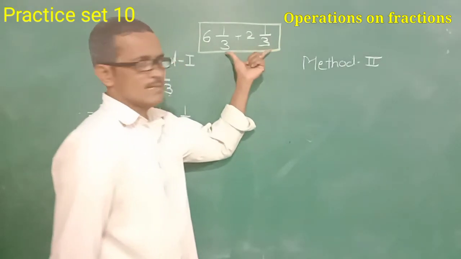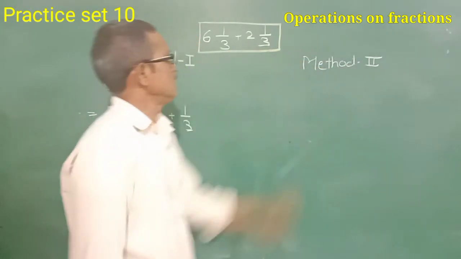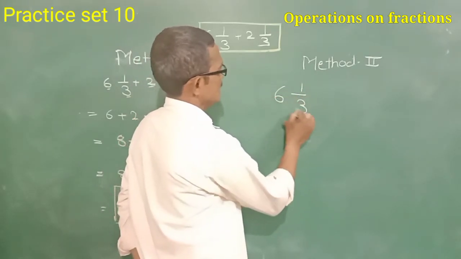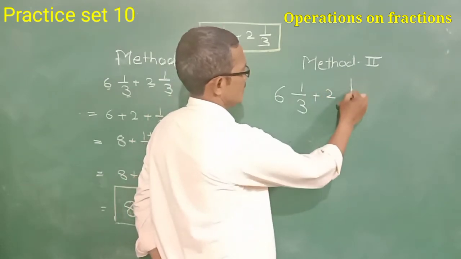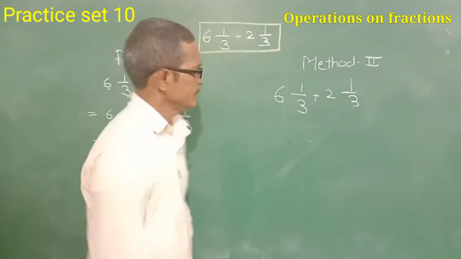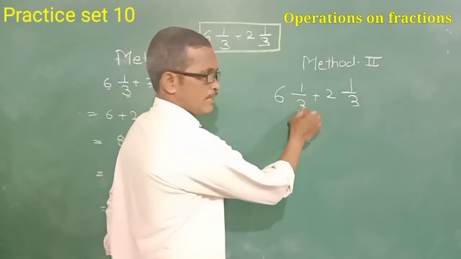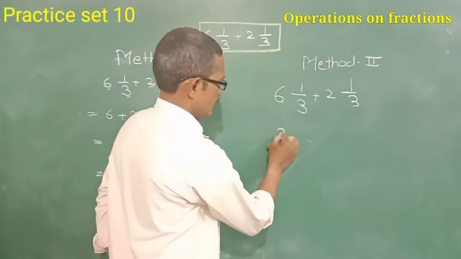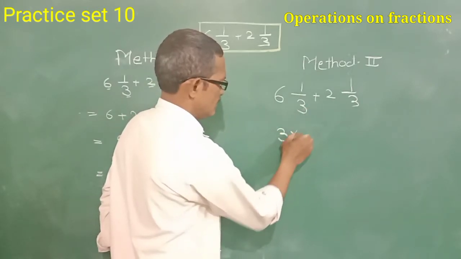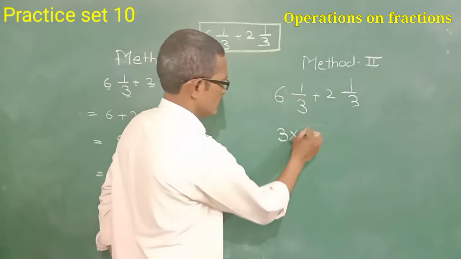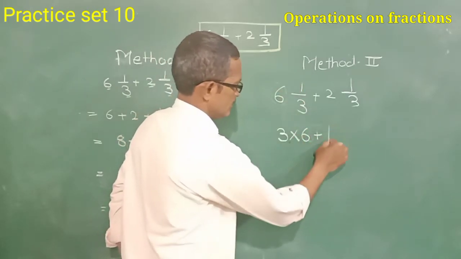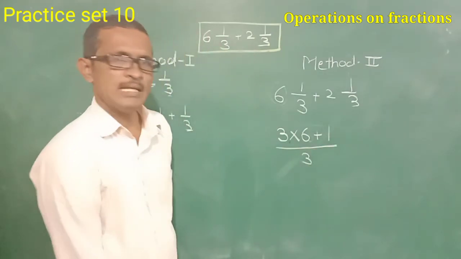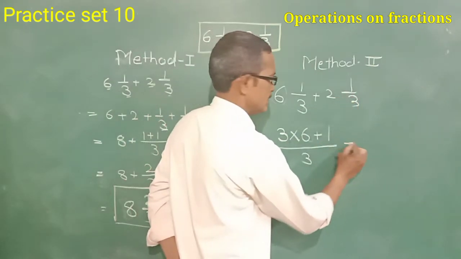Here we can also solve this example by another method. Let's write the example 6 1 upon 3 plus 2 1 upon 3. Here we multiply the denominator by the whole number and add the numerator, and divide it by the denominator. A similar process we do for this mixed number.